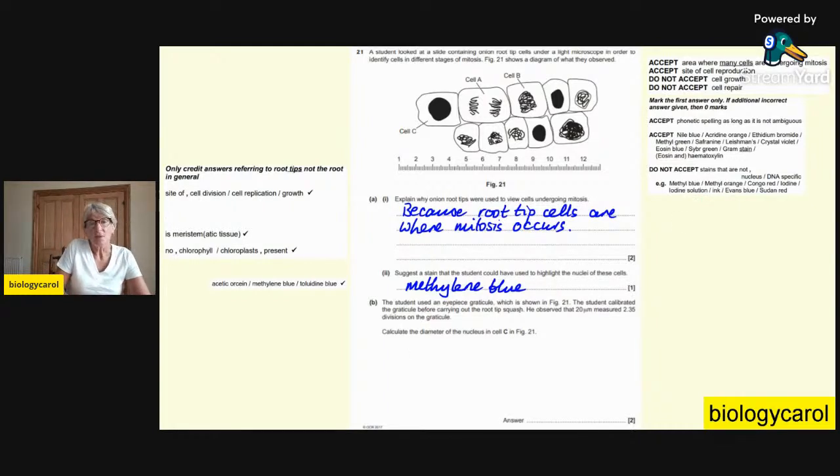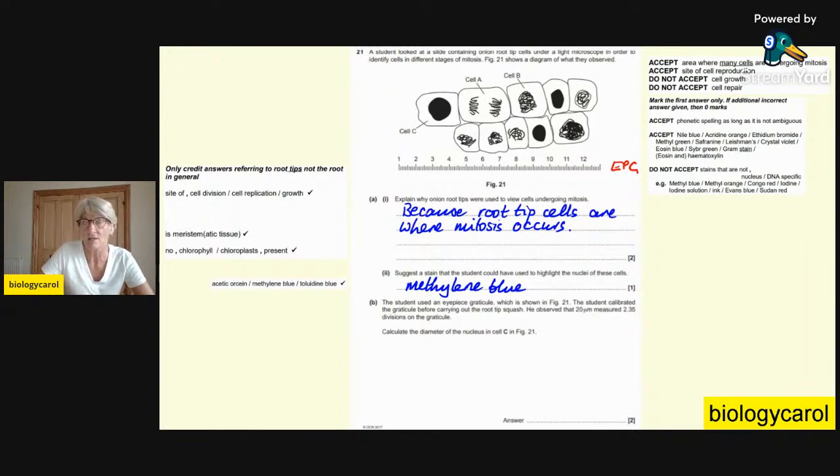The student used an eyepiece graticule, which is shown in the figure. This is the EPG. The student calibrated the graticule before carrying out the root tip squash. He observed that 20 micrometers measured 2.35 divisions on the graticule.